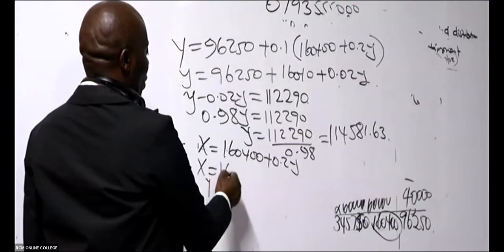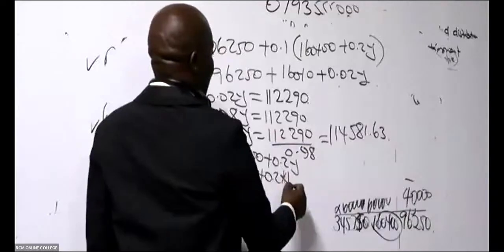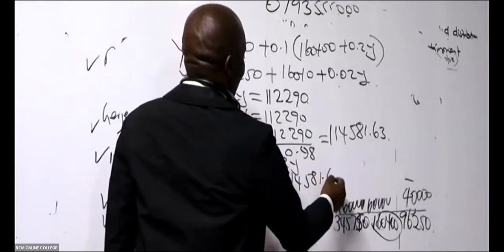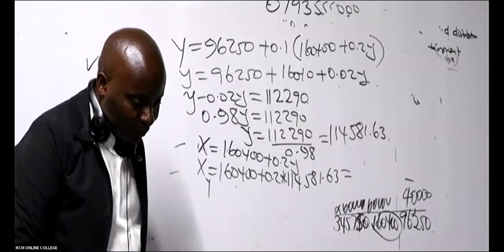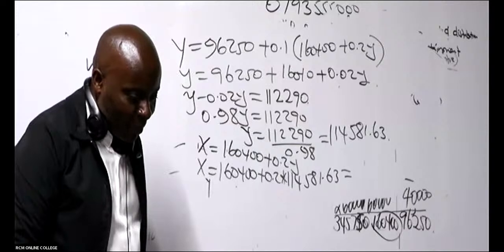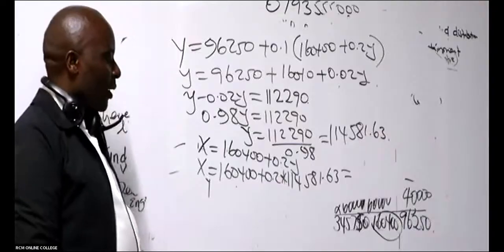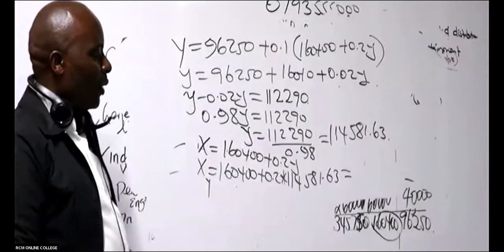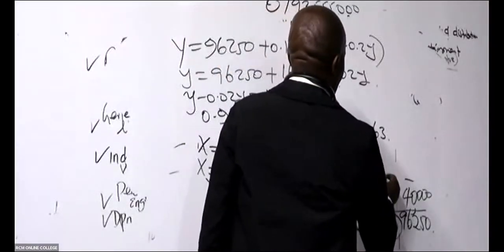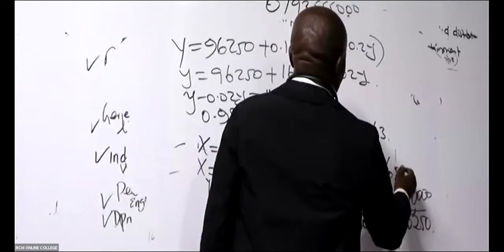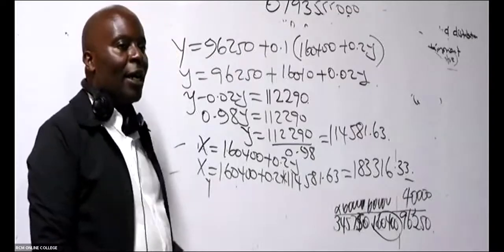So X will be 160,400 plus 0.2 times Y, and our Y is 114,581.63, which ends up giving us what figure, ladies and gentlemen? Yes, so our X will be 183,316.33.